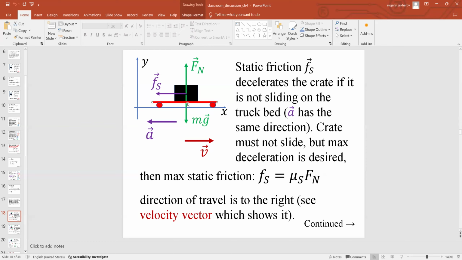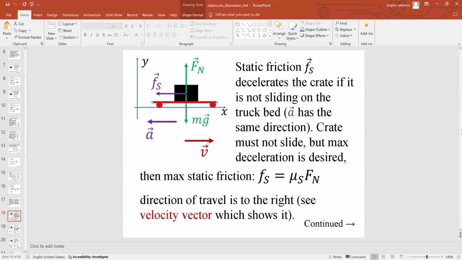Then there is a reaction from the flatbed. It's a horizontal surface, and there is a normal reaction force. Normal means perpendicular to the surface. So here's the surface, and the normal force is perpendicular to it. It prevents you from falling, so it's the other way from gravity. So up and down forces should be clear.